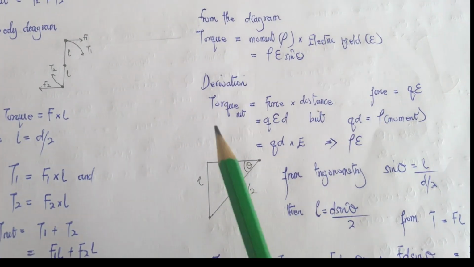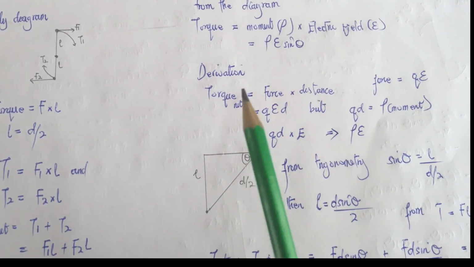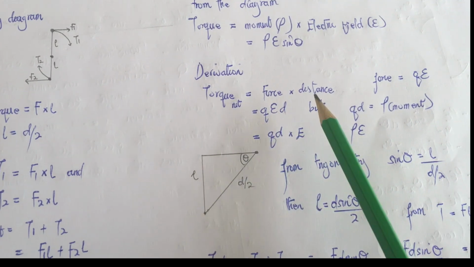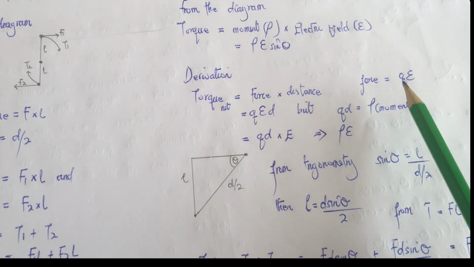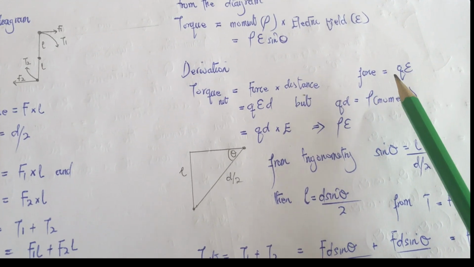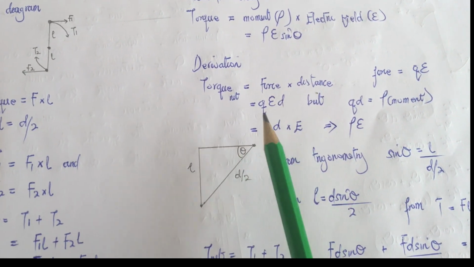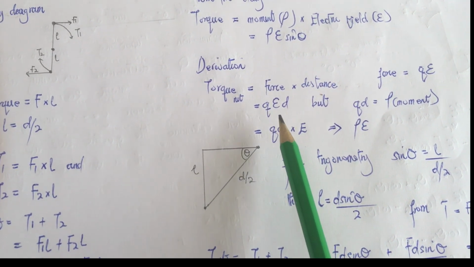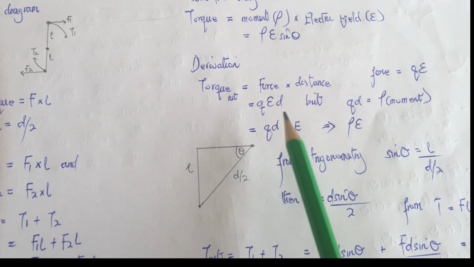So let's talk about the derivation, how we got it. Our torque is equal to force times distance. Our force is equal to QE, as we stated earlier: force is the charge times the electric field. Now, charge times the electric field times the distance will give you the torque.